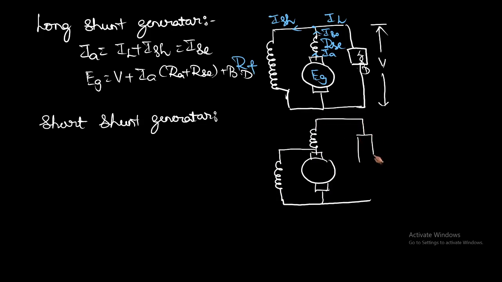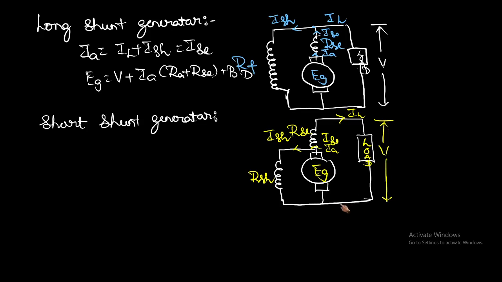This type of generator we can call the short shunt generator. So EG, and this is the series field winding RSE, ISE is flowing through it, this is the armature current, this is the load current IL, this is the field current ISH, and this is the field resistance RSH. This is the load side, and we have the terminal voltage V here.